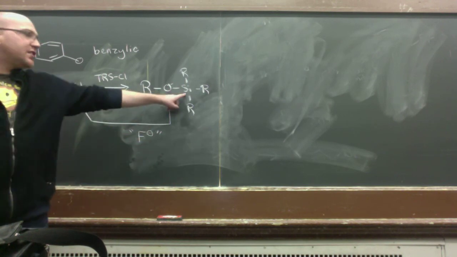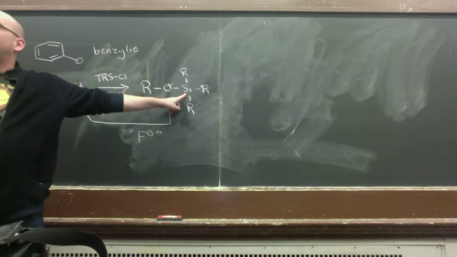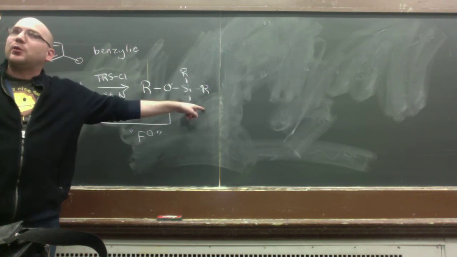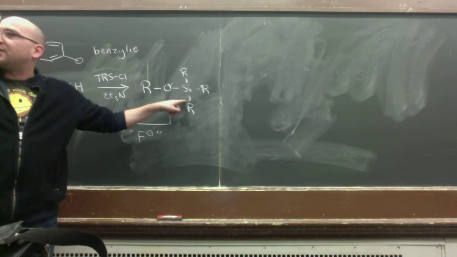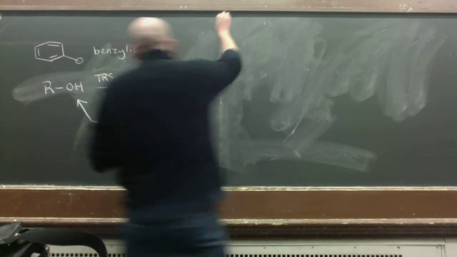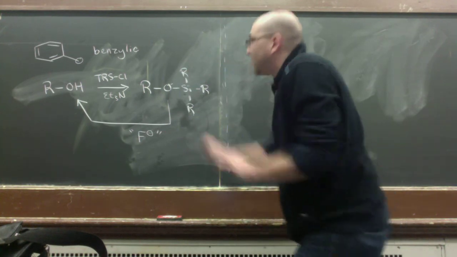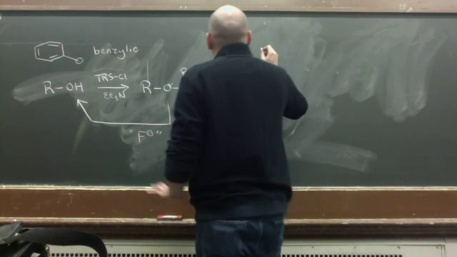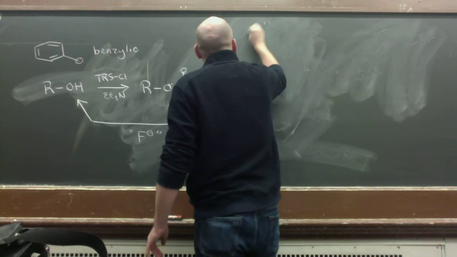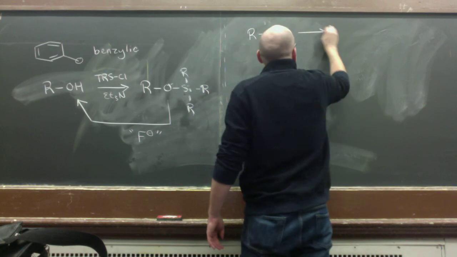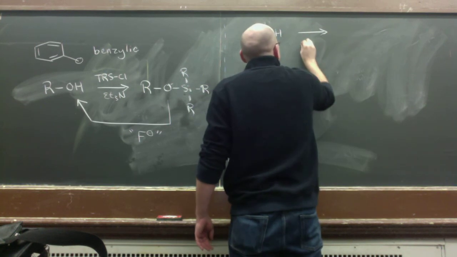What happens in this case is that the fluoride-silicon bond is very strong, so you can just think about it as wanting to make this bond with the silicon, and the silicon-oxygen bond is going to break, and it goes back in the reverse direction. So this is just a reminder of silyl protecting groups, and the important thing here is that you can actually do benzyl protecting groups as well. Again, we just learned how to make benzyl bromide, for example.